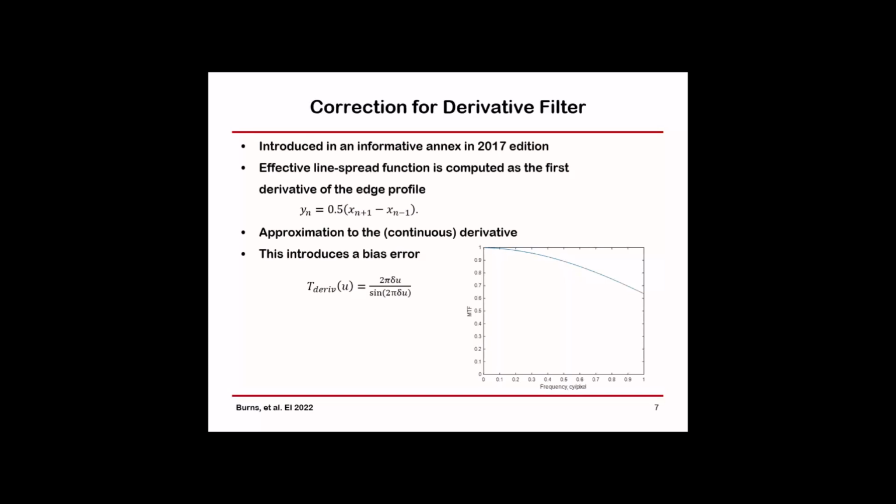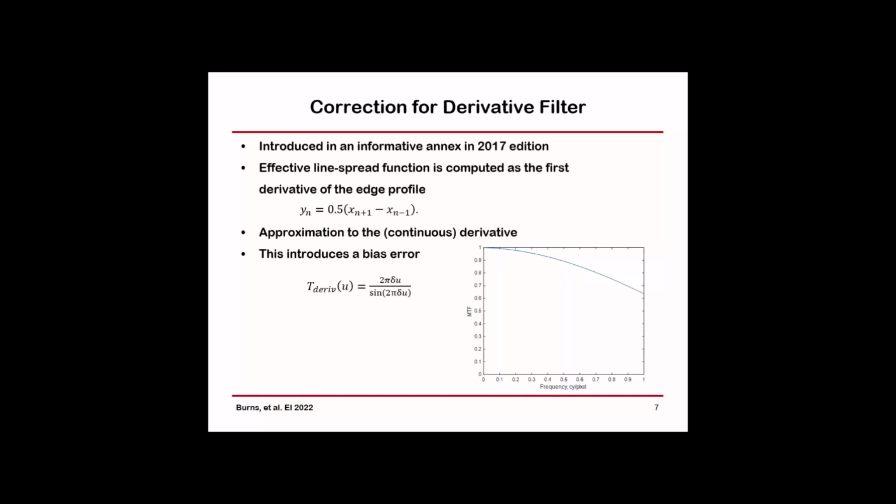Fairly easy to analyze, and the derivation is available, I believe, as an annex in the standard. But essentially, this causes an underestimation of the edge SFR, primarily the higher frequencies. I should point out that the range of cycles per pixel goes from 0 to 1 in this graph.